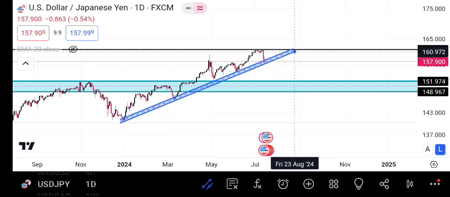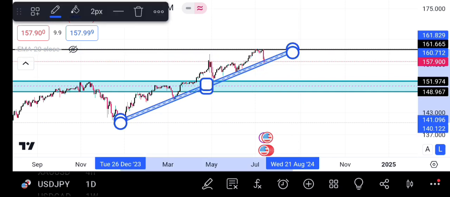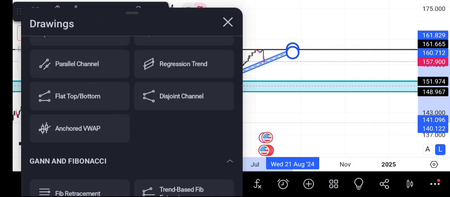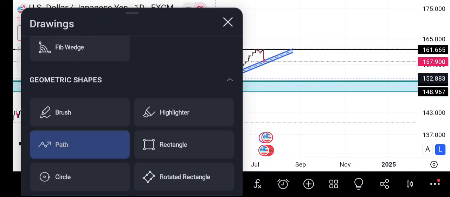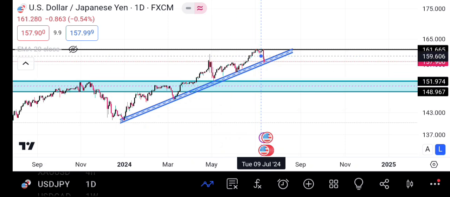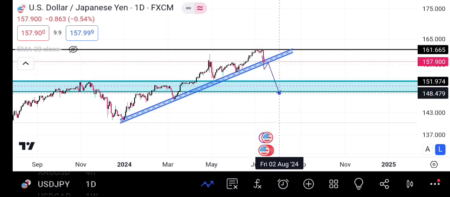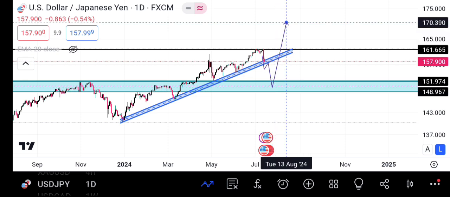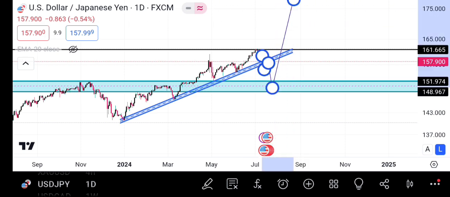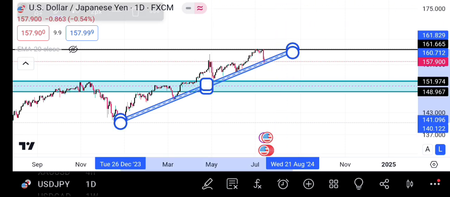Why am I using this parallel channel? It's because I need the wicks, the pointy wicks, the sharp points of the candle, to also have touch to know that I'm safe. Once price decides to break this, I know definitely we're going until here, then we go above.